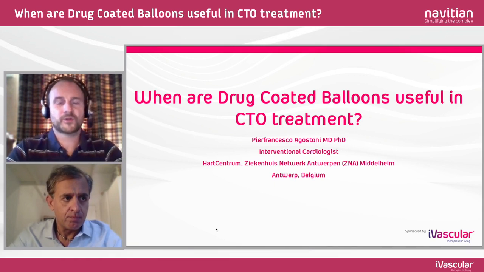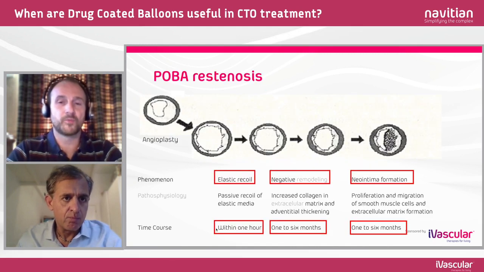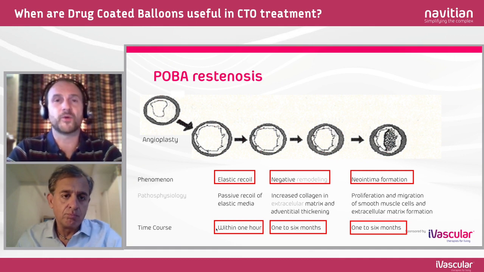Before speaking about drug-eluting balloon in detail, I would like to start with POBA, plain old balloon angioplasty, because when we use drug-eluting balloons, we make a step back in a certain way. We go back to the POBA era.